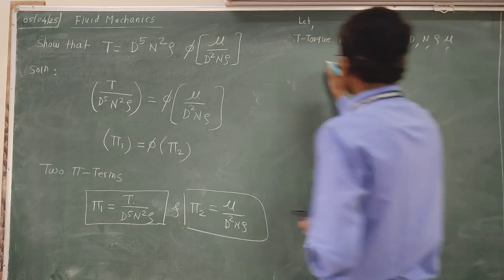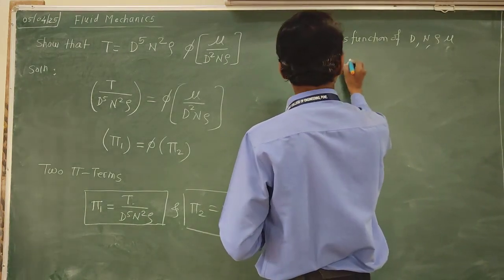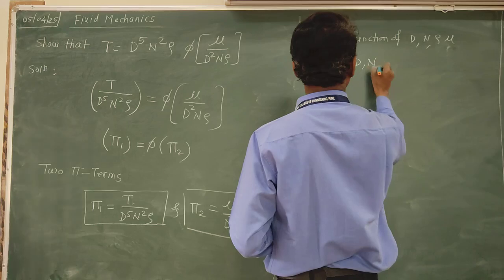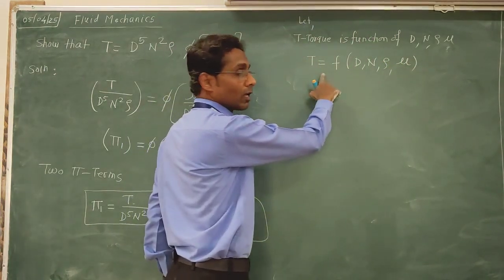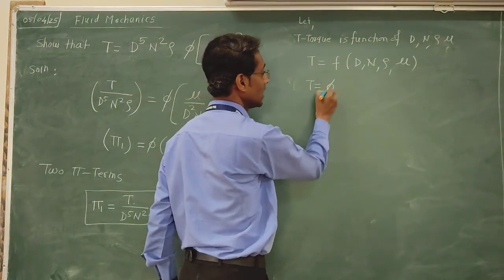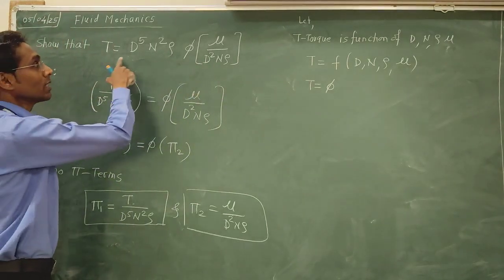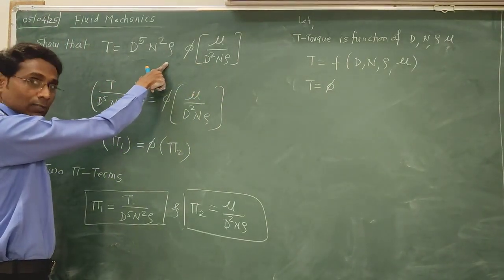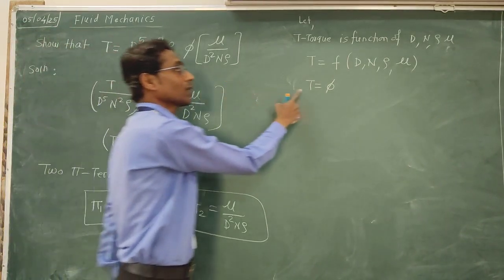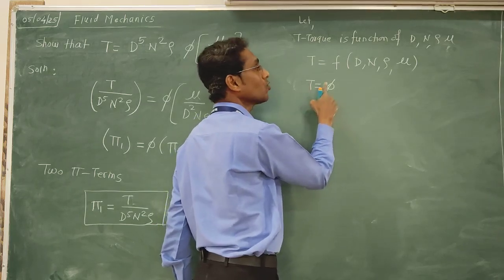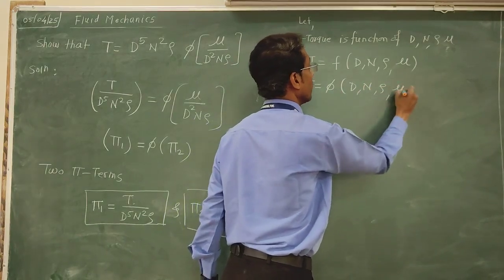Okay, so now we will write this way. T is a function of d, n, rho and mu. So this is the general way, but here we have to write in this way. T is a function. Now this function why we wrote, because here in the expression function is indicated by phi. So that is why we have to write T is equal to phi of d, n, rho, mu.